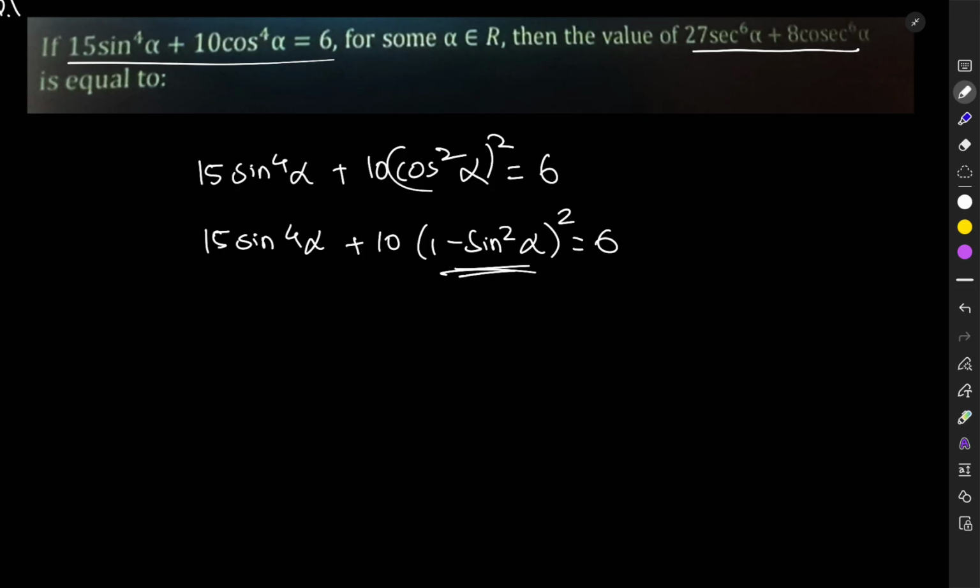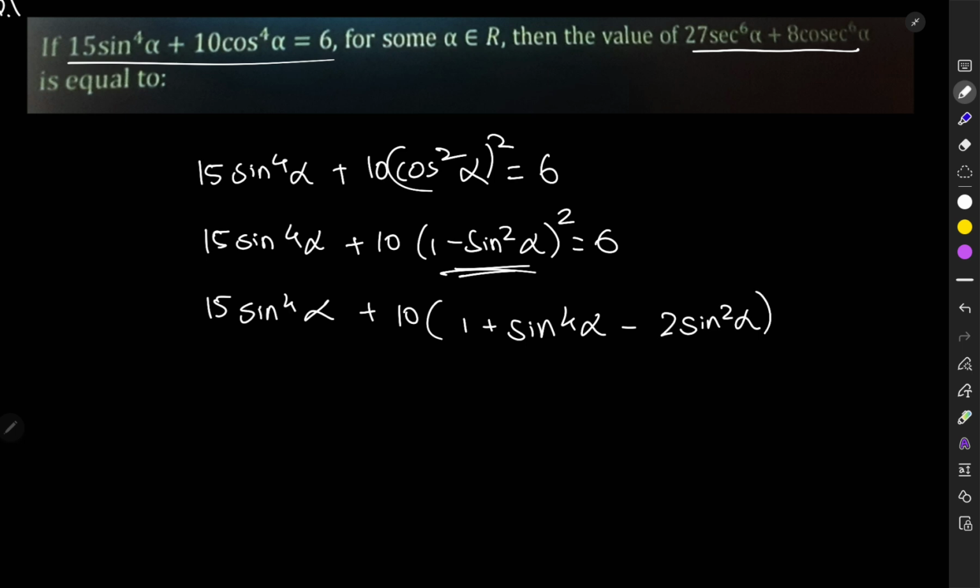And then if you further simplify this, plus 10 times 1 plus sine to the power 4 alpha minus 2 sine square alpha, right, is equal to 6. So you can see these both are there. So what will I get?